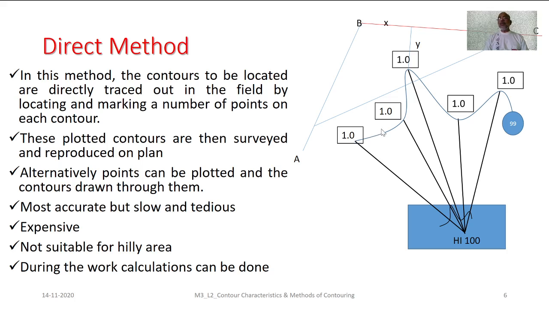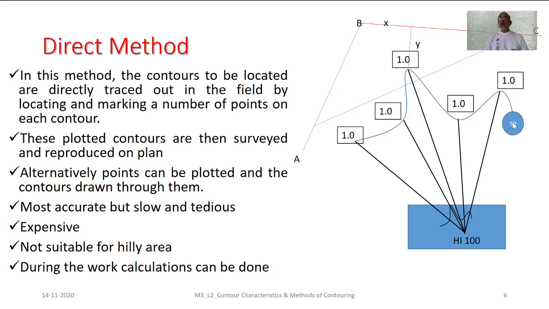And now the staff man will move to the next point. The procedure followed at this point would also be followed at each of such points in order to have different peg positions indicating the reduced level of 99 meters.